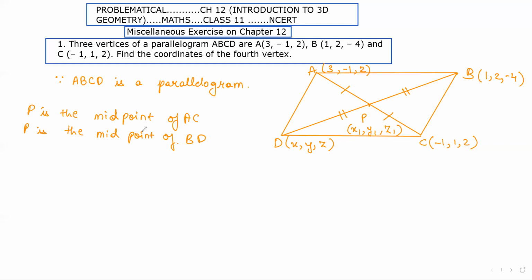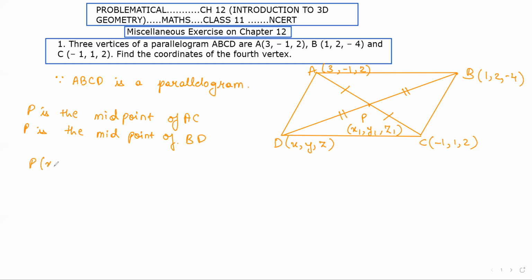So one approach would be to calculate the value of point P and then use the section formula, or the midpoint theorem, to get the value of D. Second approach would be to directly equate the coordinates of these points. So we will not equate them. We will calculate P first and then D.